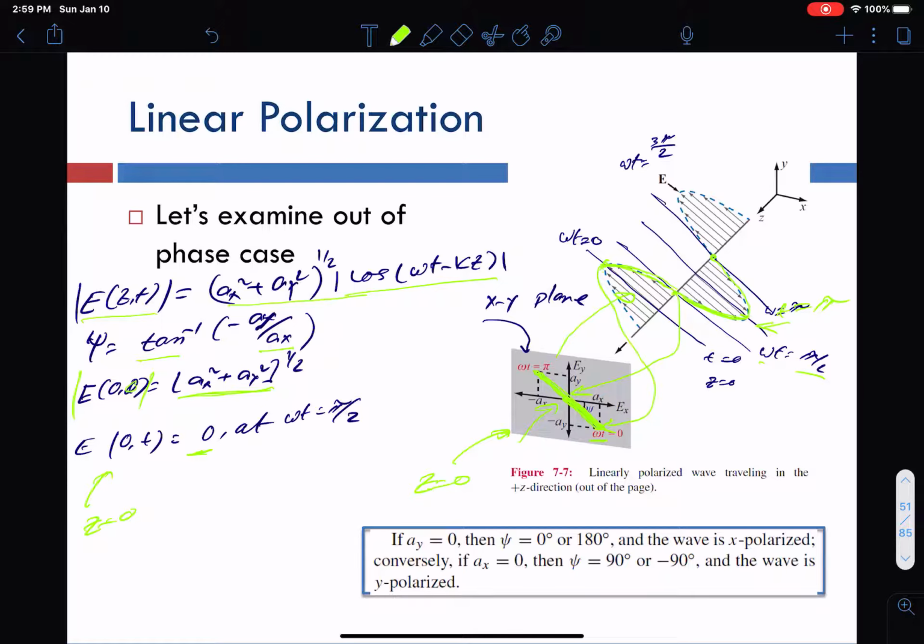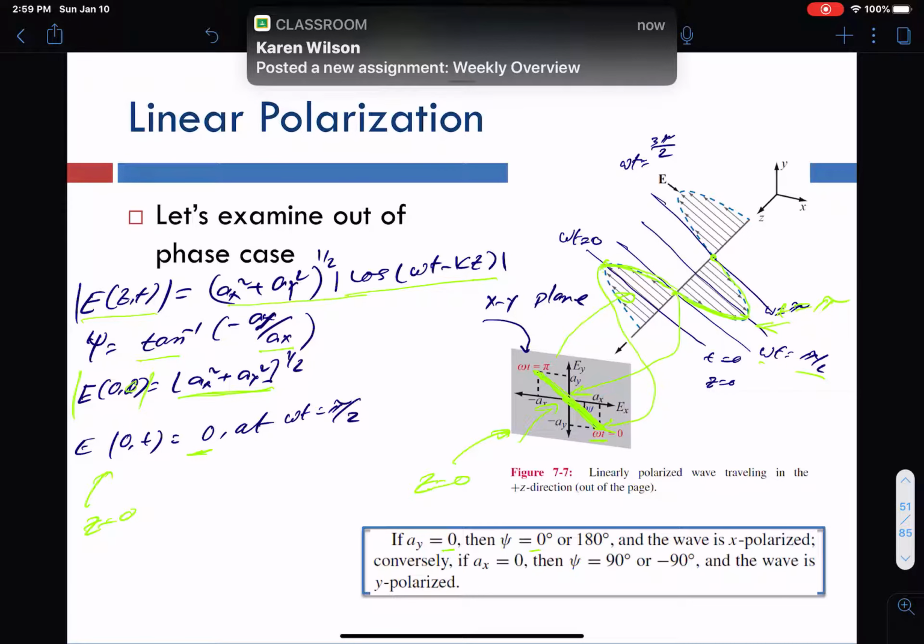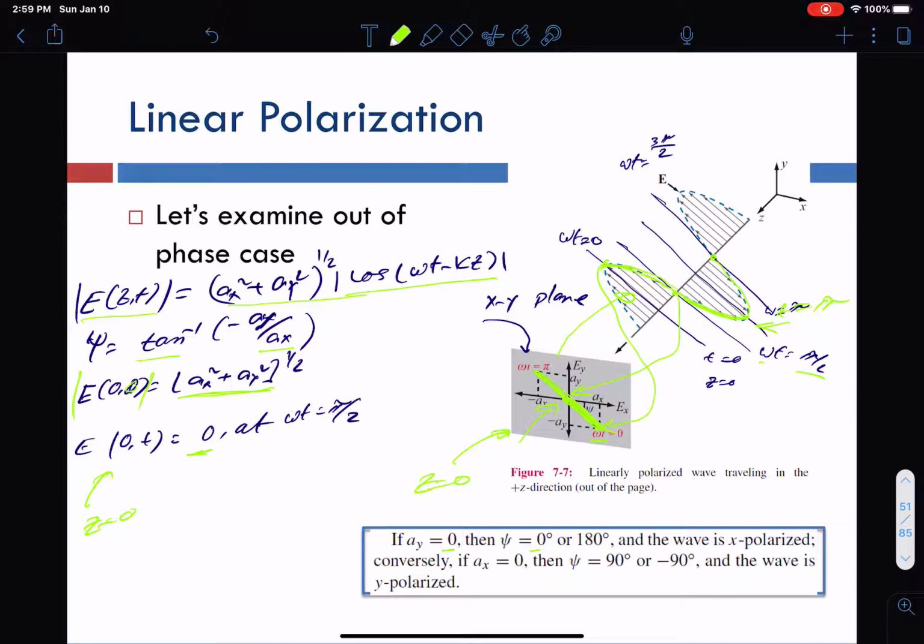So that is that. And when Ay equal to 0, your inclination angle psi equal to 0, and also when, let's say, Ax equal to 0, then it could be 90 or negative 90. That's the inclination angle, which is the angle your locus vector makes with respect to the reference angle here.